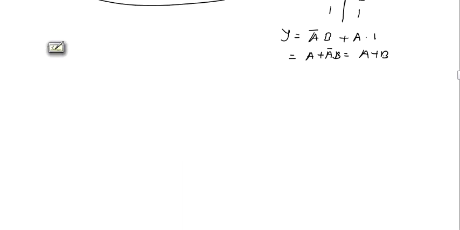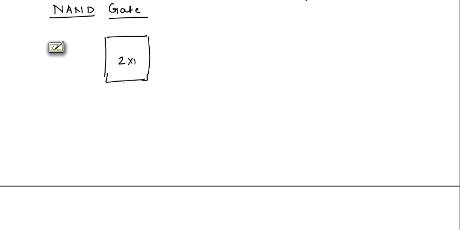Now we will implement a NAND gate using a 2:1 multiplexer. This will be input A, select line A, and we will select the output now. So, the NAND gate. First, one input will be kept at 0.